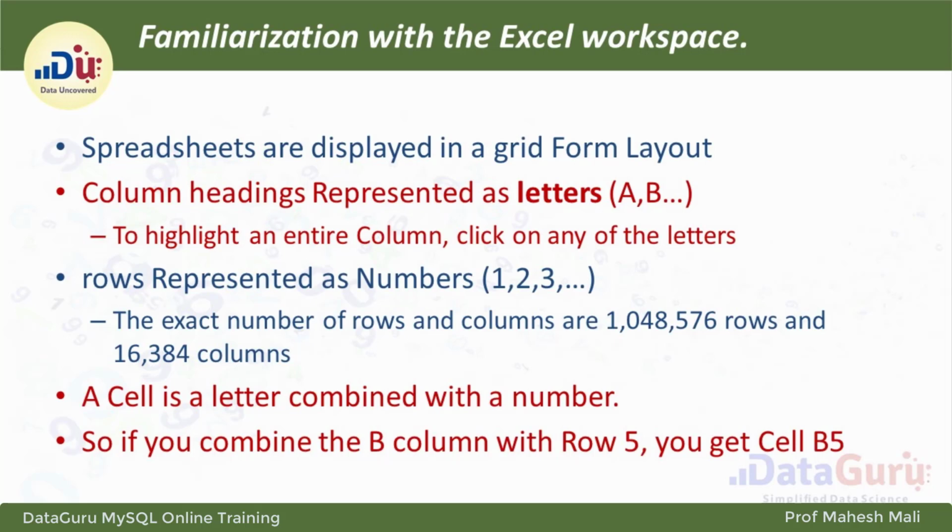Okay, so if you click on any cell, you will be able to see the name of that particular cell. The column name and row name together are called the cell name. In order to get familiarized with the Excel workspace, we'll go to Excel.